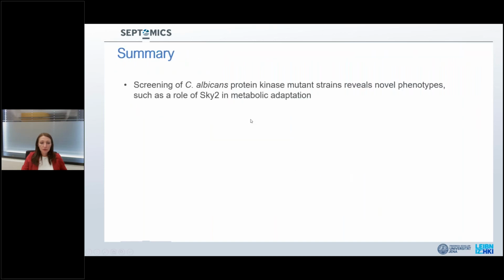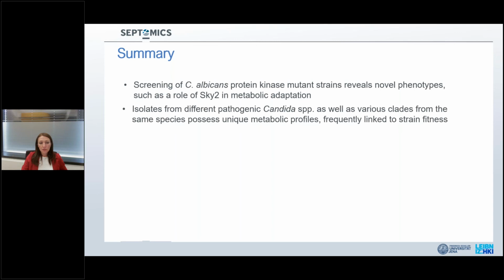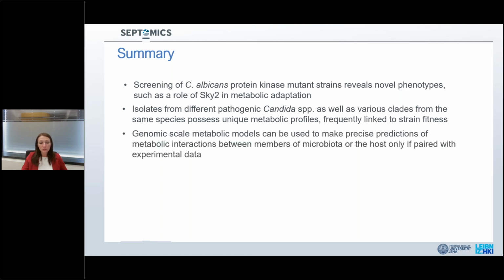So in summary, screening of Candida albicans protein kinase mutant strains was able to reveal novel phenotypes, such as the role of SCY2 in metabolic adaptation. There are some other examples that I could not show today. Isolates from different pathogenic Candida species, as well as various clades from the same species, possess unique metabolic profiles that are frequently linked to strain fitness, essentially.